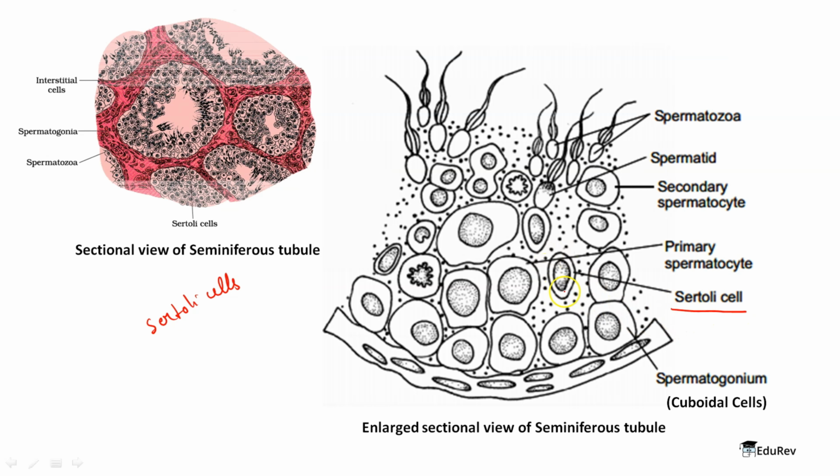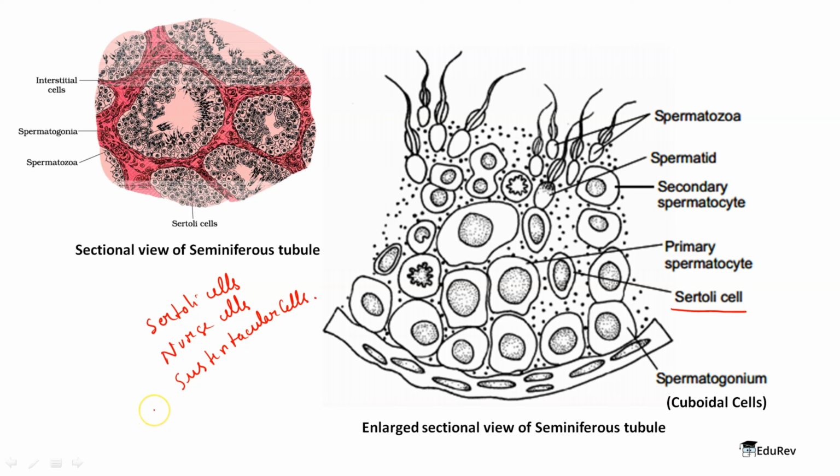These Sertoli cells are also known as nurse cells or sustentacular cells. These Sertoli cells secrete inhibin, the function of which is to send negative feedback. They send negative feedback when enough sperm production has taken place and no further sperm production is required.